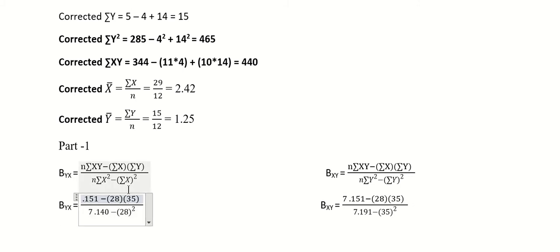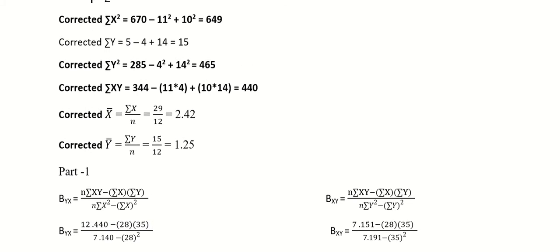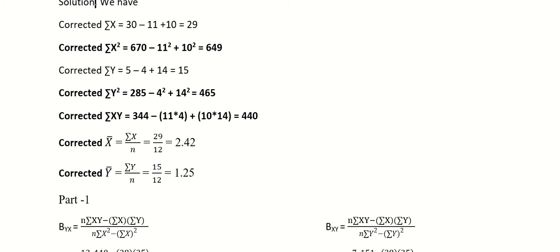Now here n is 12, right? And summation of xy is 440. This is given to us. So 12 into 440 minus summation of x, the correct summation of x is 29.